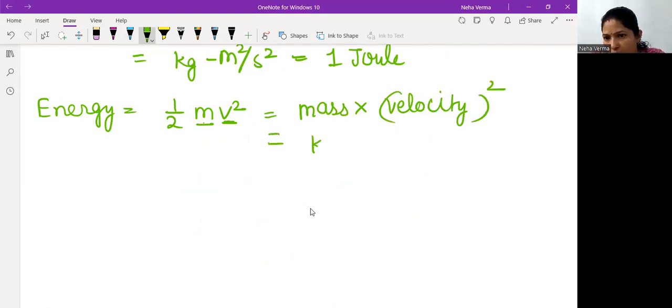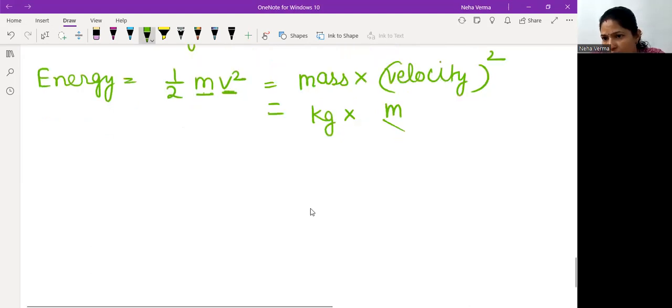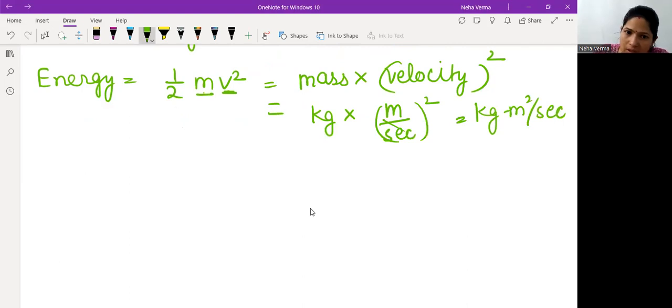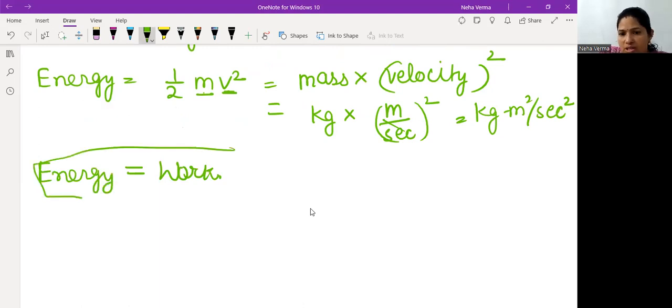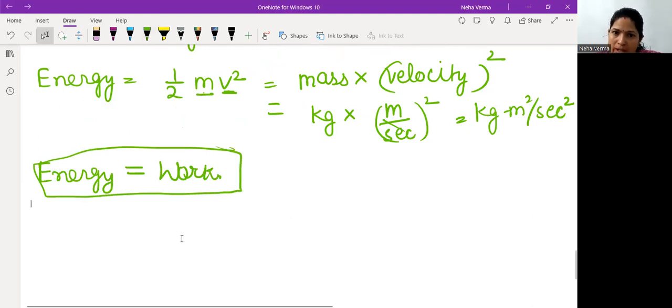The unit of mass is kilogram, and velocity is meter per second, so velocity square is meter square per second square. That is kilogram meter square per second square. What we see here is that the unit of energy is equal to the unit of work. That is, work is converted into energy and energy is converted into work. This is called the work-energy theorem. We will prove it later with further definitions and derivation.